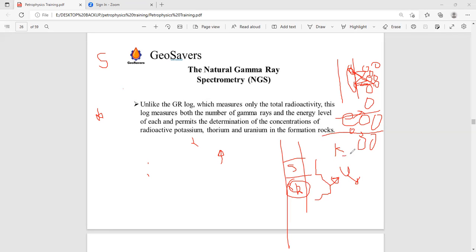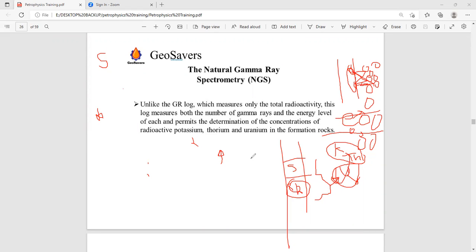The same also applies to thorium. There is no clear demarcation between sandstone and shale when it comes to potassium and thorium. So what will cause this high difference is the uranium, from the organic matter that is found in the shale. That is what causes that difference.